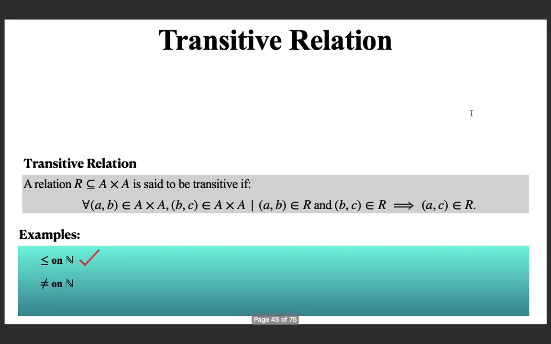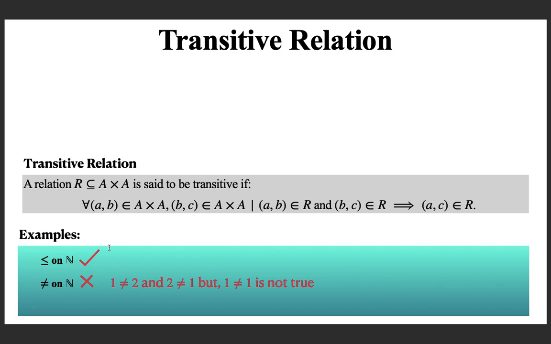Now, what about not equals on natural numbers? What is your guess? Can it be transitive? It is not. I am giving you a counter example. 1 is related to 2 because 1 is not equal to 2. 2 is not equal to 1 and hence 2 is also related to 1, because not equal to is the relation. Now, see, 1 is related to 2 and 2 is related to 1.